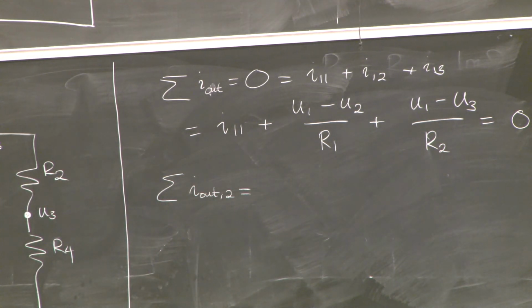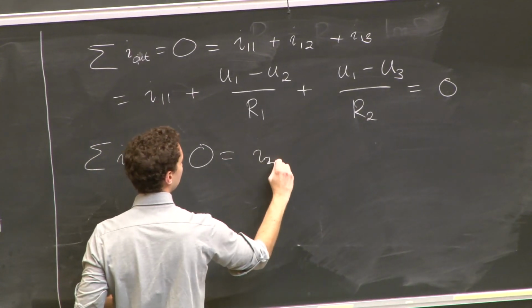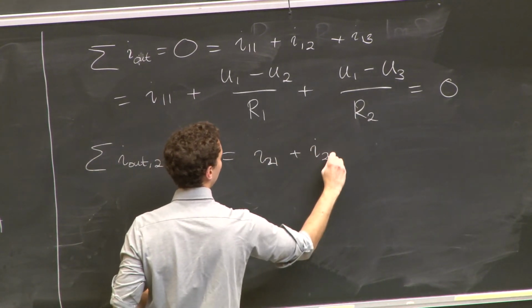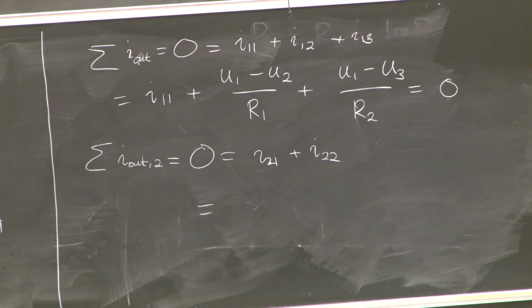Now this one, again, I'm going to do the currents out. I'm going to call this current going up I21, and this current going down I22. Okay, so I know that the sum out is equal to 0: I21 plus I22, which in this case is U2 minus U1 divided by R1.